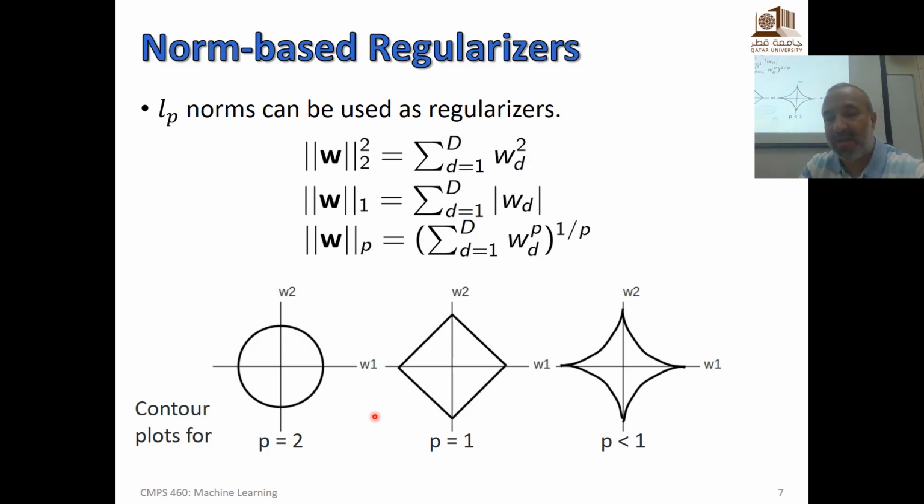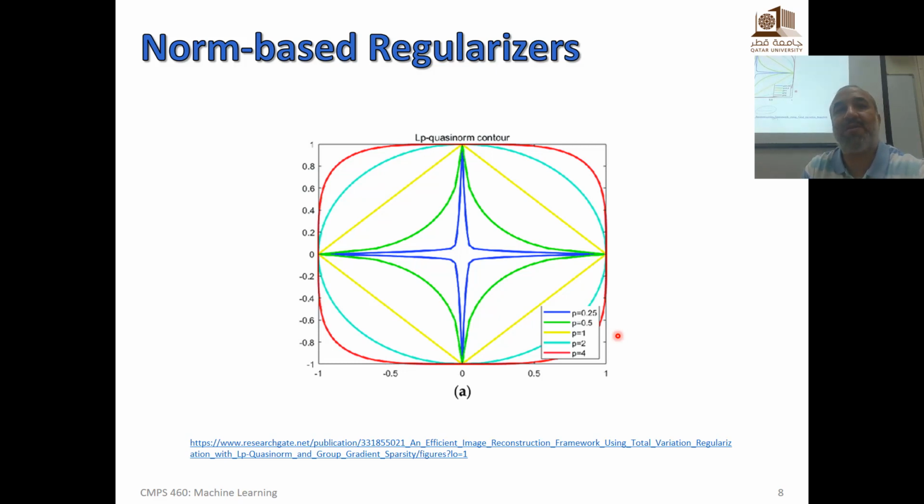Let's look at the L1 norm. The L1 norm will have a shape like this. When P is less than 1, I think this is when P is half, we'll have a contour like this. If we extend it further, we'll have something like this. The red one is the contour when P is 4.